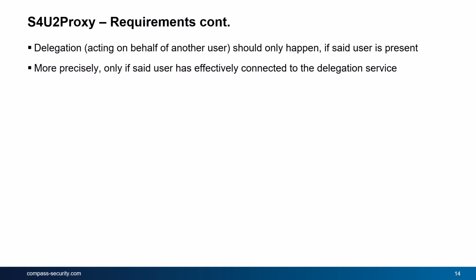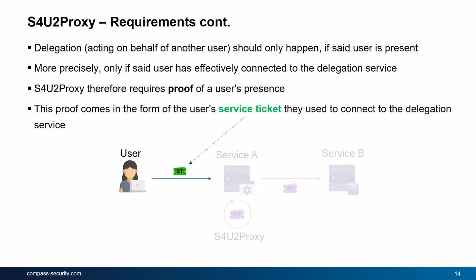So the S4U2Proxy extension should only work if a user has actively connected to the service that is configured for constrained delegation. And the way this works is that S4U2Proxy requires a proof of said user's presence. And this proof comes in the form of the service ticket that the user presents to the front-end service in this case.